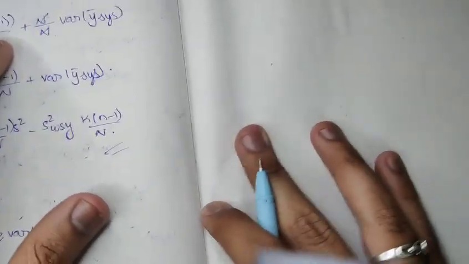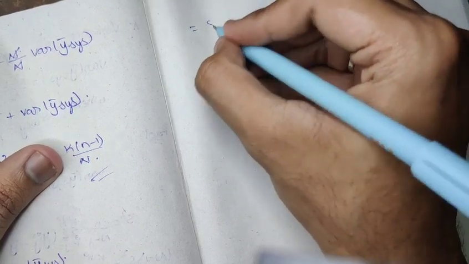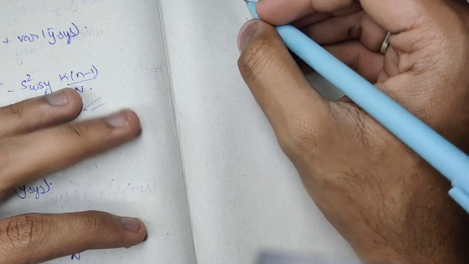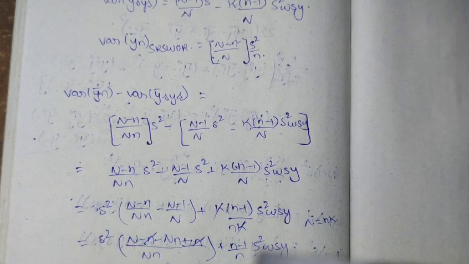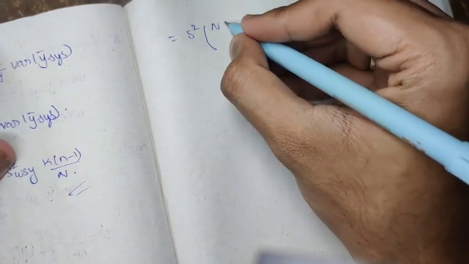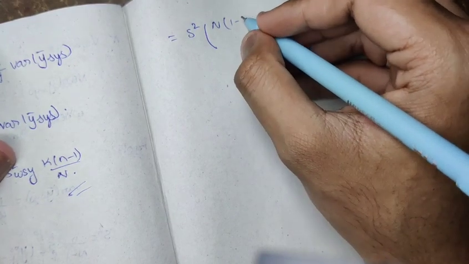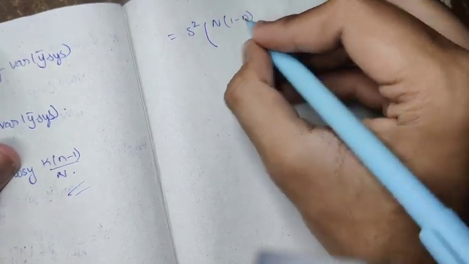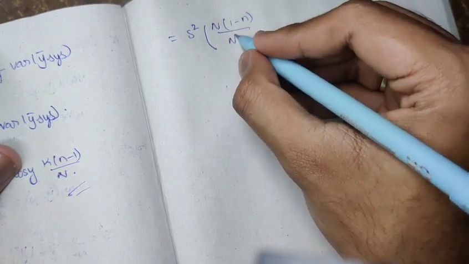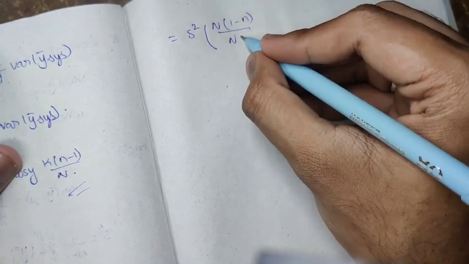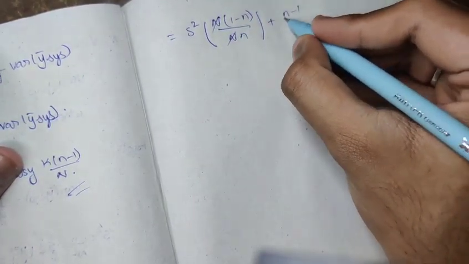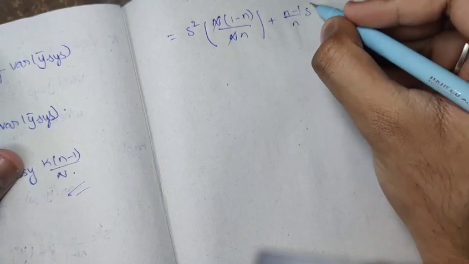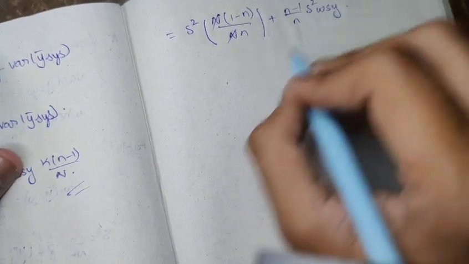Now s square into, here, if we take this capital N common, then N into 1 minus small n by N into another N. So both the N's will cancel, plus (n minus 1) into N s square WSY.